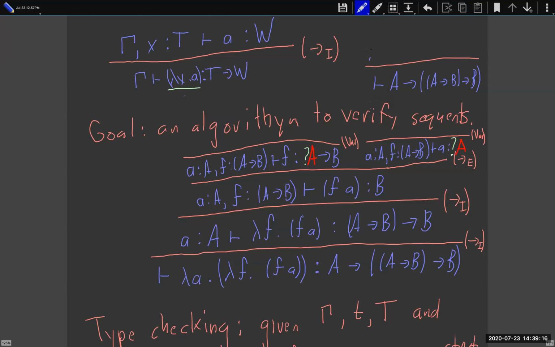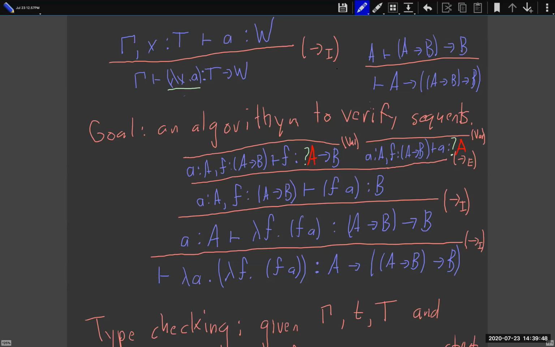It follows from this: if in the context in which I have A as an assumption, I can prove A implies B, that is, A implies B is provable, then it should also be true that in the empty context, this new formula formed from implication is provable, right?